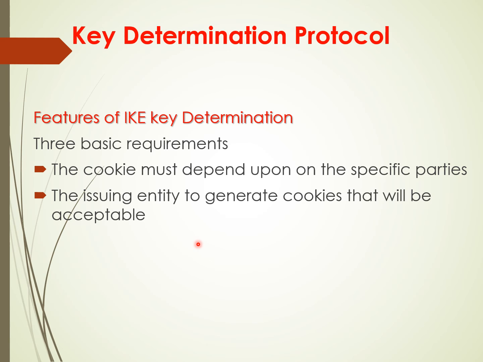It must not be possible to deduce this secret information from any particular cookie. The point of this requirement is that the issuing entity need not save copies of its cookies, which are then more vulnerable to discovery, but can verify an incoming cookie acknowledgement when it needs to do.